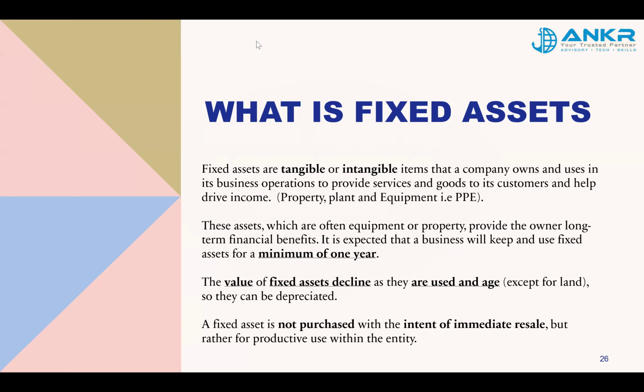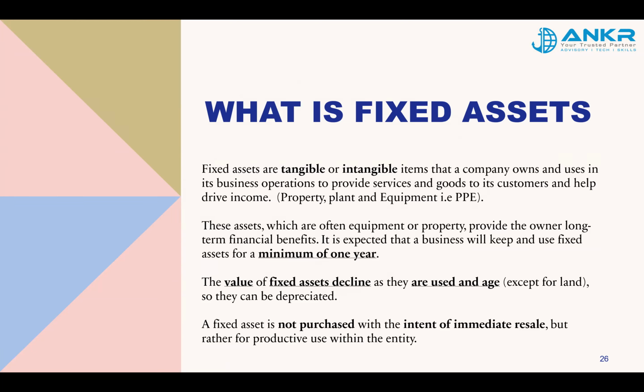So let us start from the very basics: what are fixed assets? Fixed assets is a larger term which can be used for tangible and intangible items. This is often called property, plant and equipment, or PPE, if you are doing IFRS or Ind AS accounting.